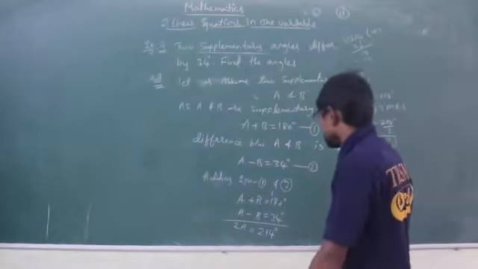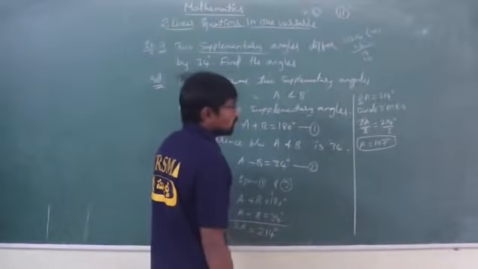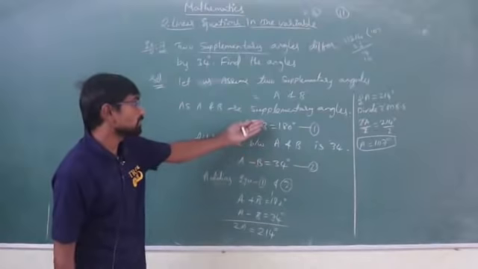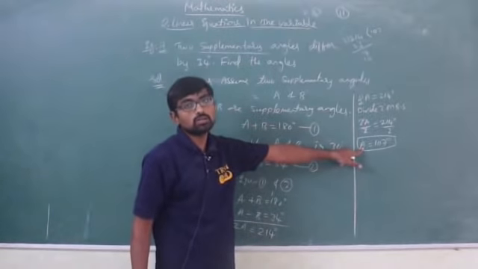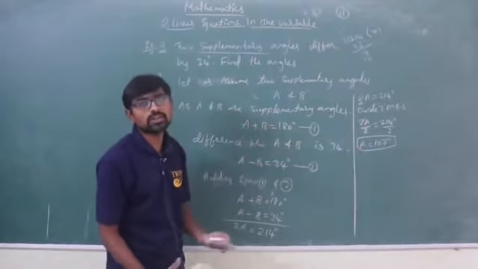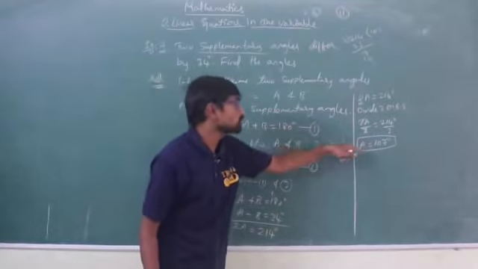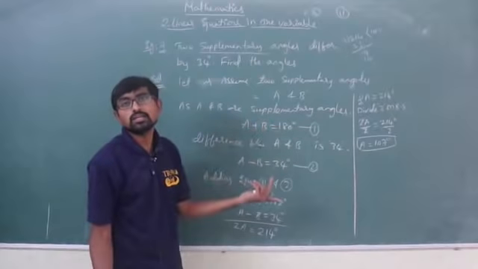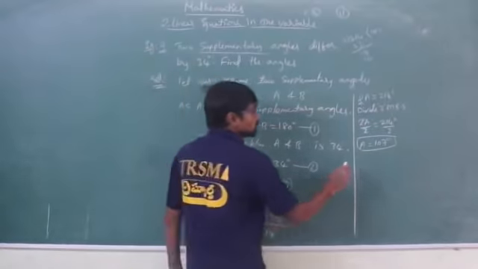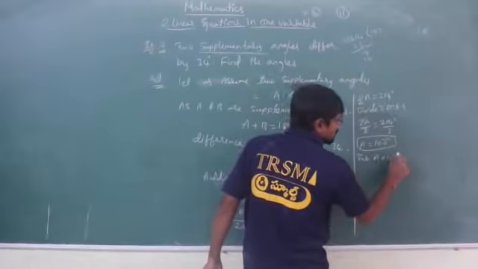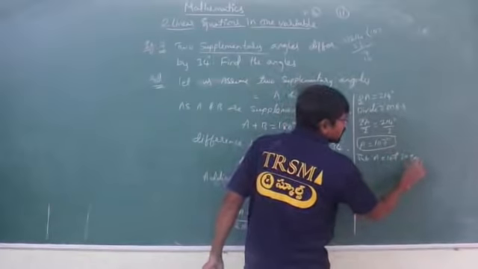So I have got the value of A as 107 degrees. For finding the value of B, I will substitute the A value I have got here, isn't it? I want to find the B value. How can I find it? In place of A, if I substitute 107, then I can easily get the B value, isn't it? So substitute A equals 107 degrees in equation number 1.